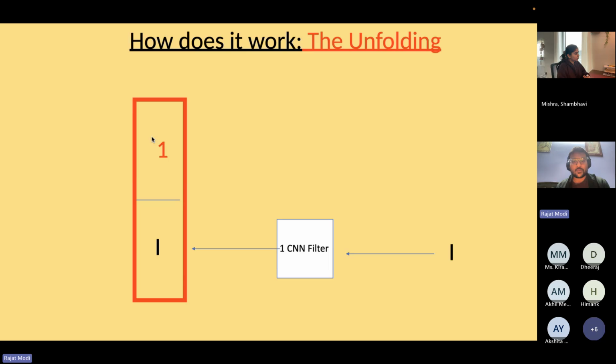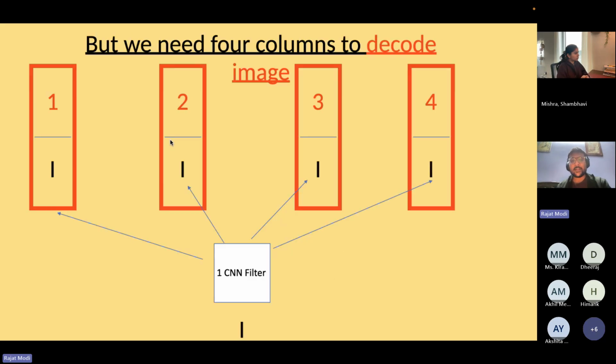From one CNN filter, you have this image I, and then you generate this location, which is a hard-coded number, which is 1. So you can create 4 such queries. All of these queries have the image I, which is common to them. And this 1, 2, 3, 4 are not any learned parameters. They are hard-coded positional encodings, which you sample from a transformer.